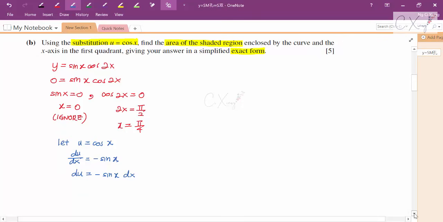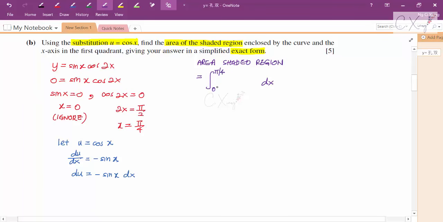Besides this, I will want to continue with the integration part. So to find out the area of the shaded region, generally it will be integrate something with respect to dx. So what's the limit here? From the diagram, you can see that the area starts from x equals 0, and then x equals pi over 4.